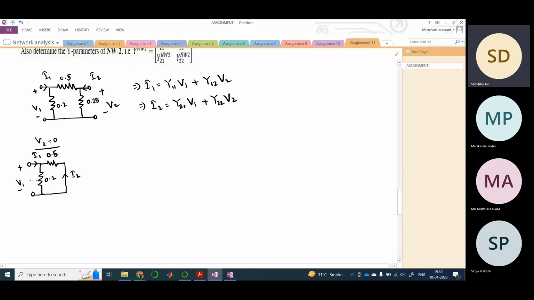Now you can apply a simple KVL in these two loops, right? So V1 equals 0.2 I1 plus 0.2 I2, and KVL in the second mesh is 0.5 I2 plus 0.2 I2 plus 0.2 I1 equals 0. So basically 0.7 I2 is minus 0.2 I1.